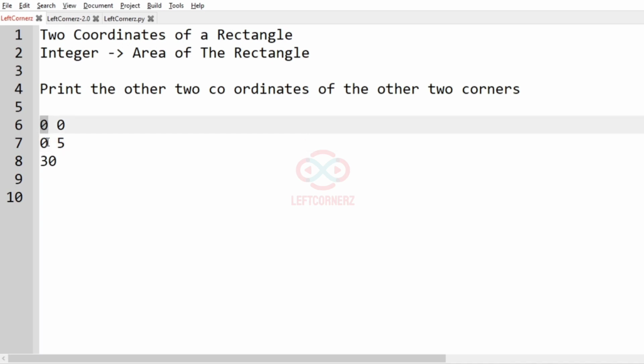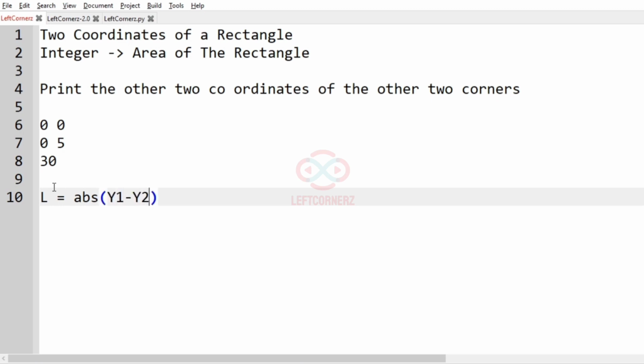So we can get the length by using this formula. L is equal to absolute of y1 minus y2. So absolute of 0 minus 5, which is 5. Now we got the length.